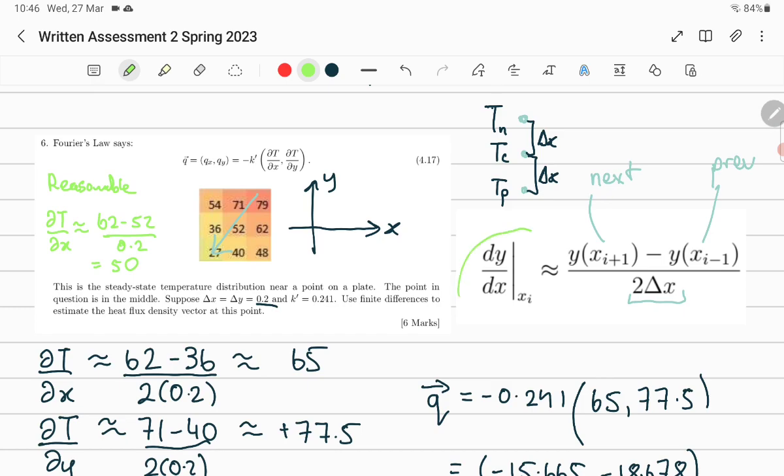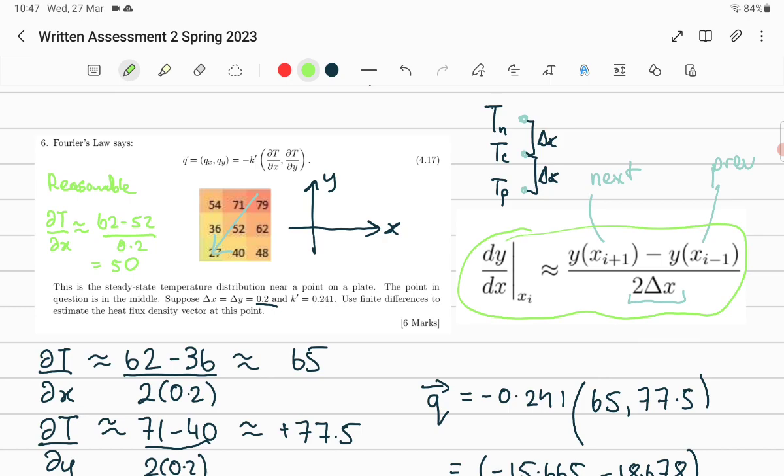So rather than the thing we wrote under reasonable, which is next minus current, and we also mentioned current minus previous, this is another alternative that doesn't bring current into it at all. Do next minus previous. The only difference here is the distance between them will be 2 delta x. So this is the same as doing the two reasonable ones averaged. It'll give you a better answer.